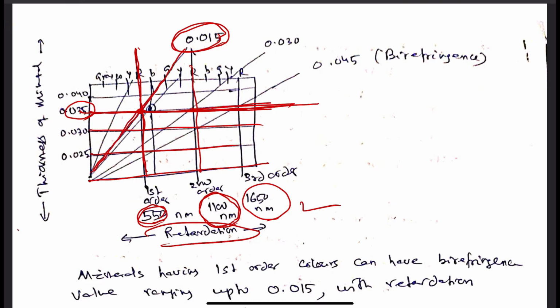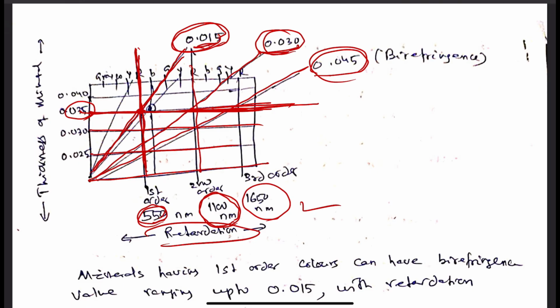Generally, first order red presents a 0.015 value, second order 0.030, third order red 0.045. So the intersection of these lines is taken, and in the Michel-Lévy chart these values have been mentioned.